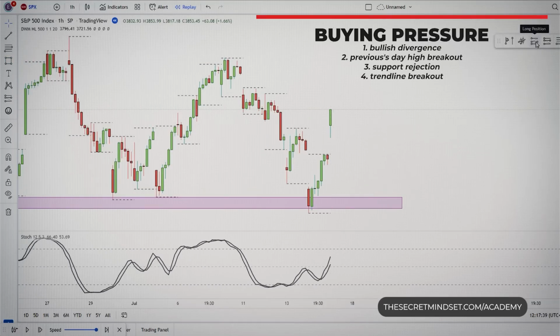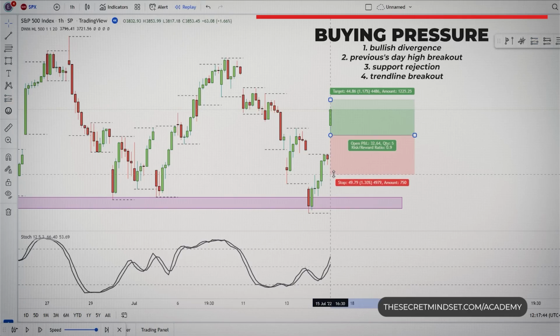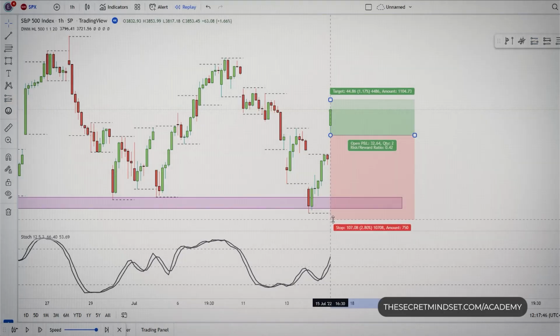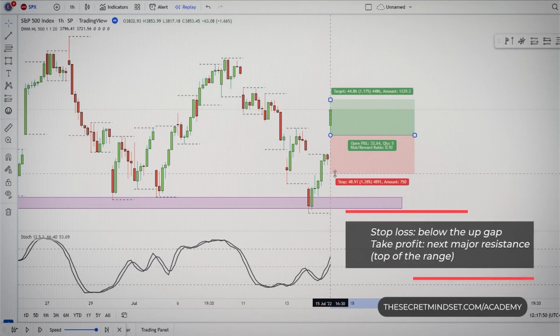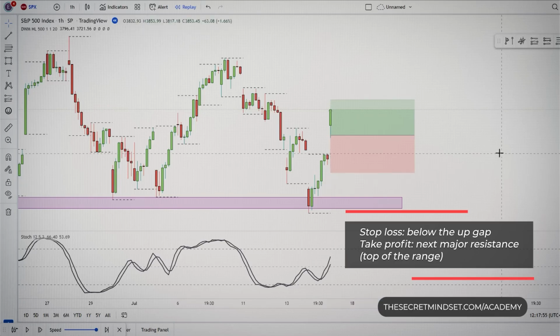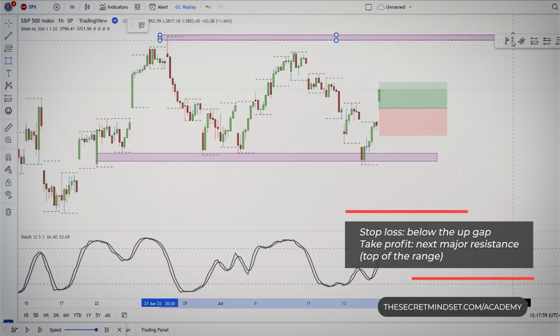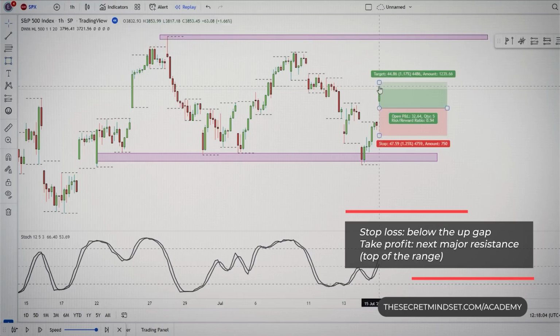So, where to place the stop loss in order to obtain an optimal risk-to-reward ratio? In this case, I wouldn't place it below support. We are in the middle of the range, so the upside potential is somewhat limited. I'll put the stop below the up gap, and I'll target the upper limit of the range.